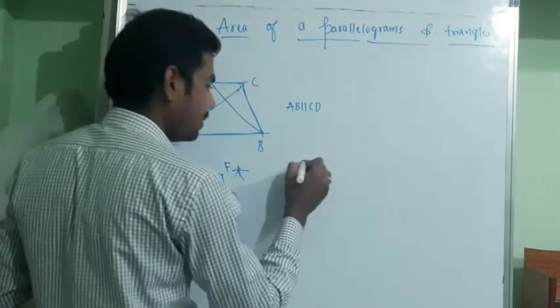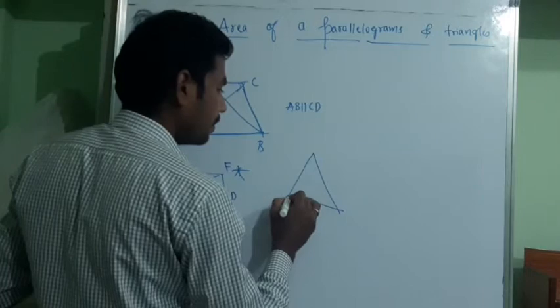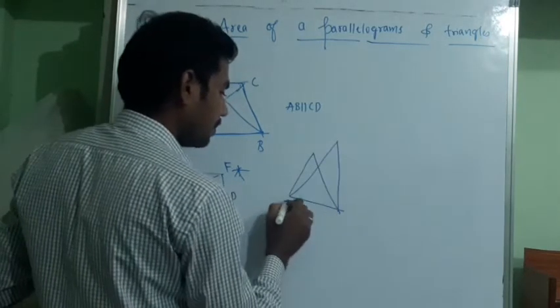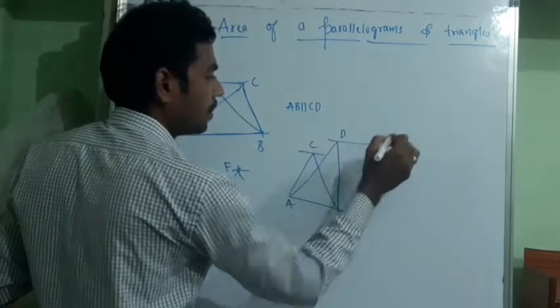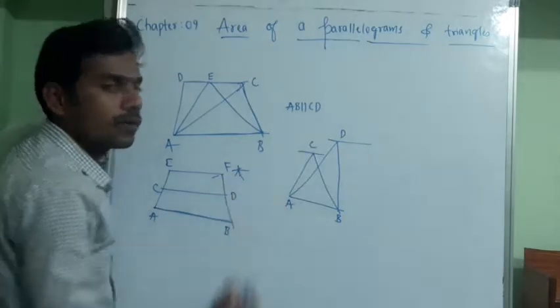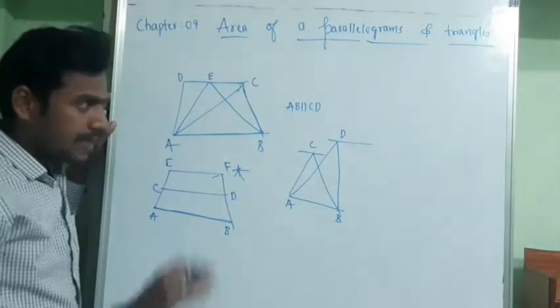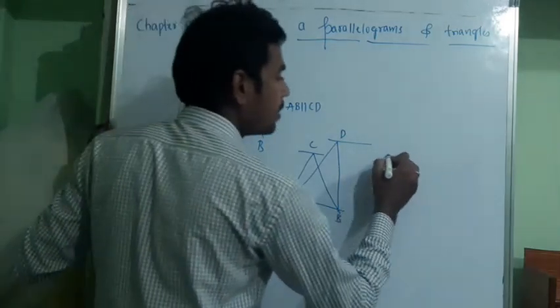Even if you take this, see, though the base is the same, these two are not collinear. Though the base is the same, those two are not collinear. So one more thing you may get, it's like this.